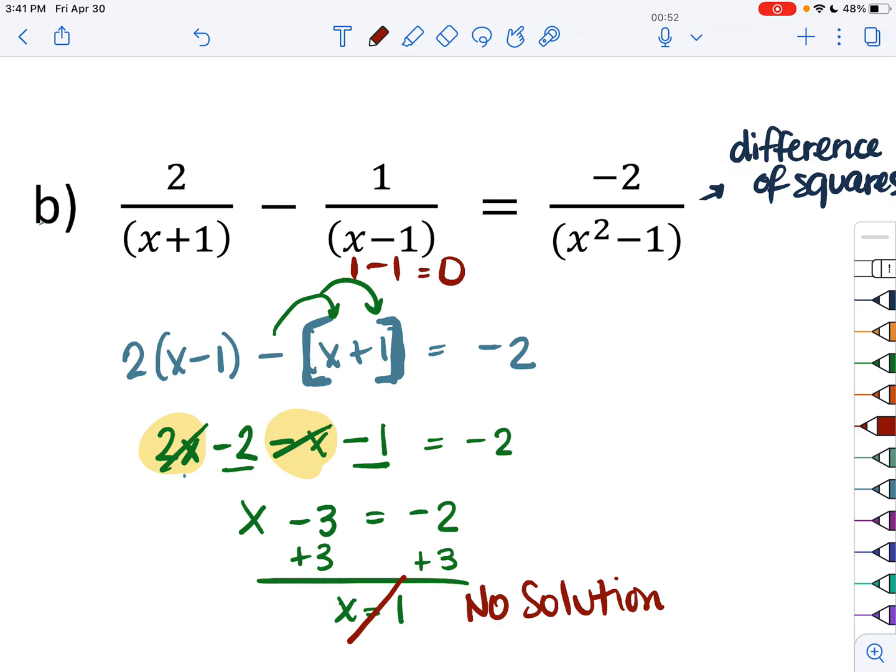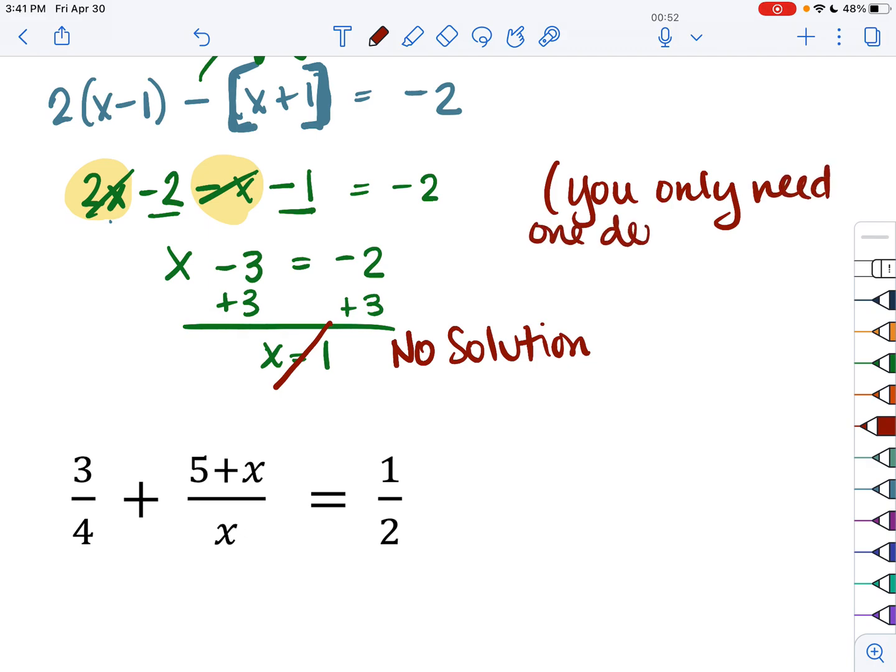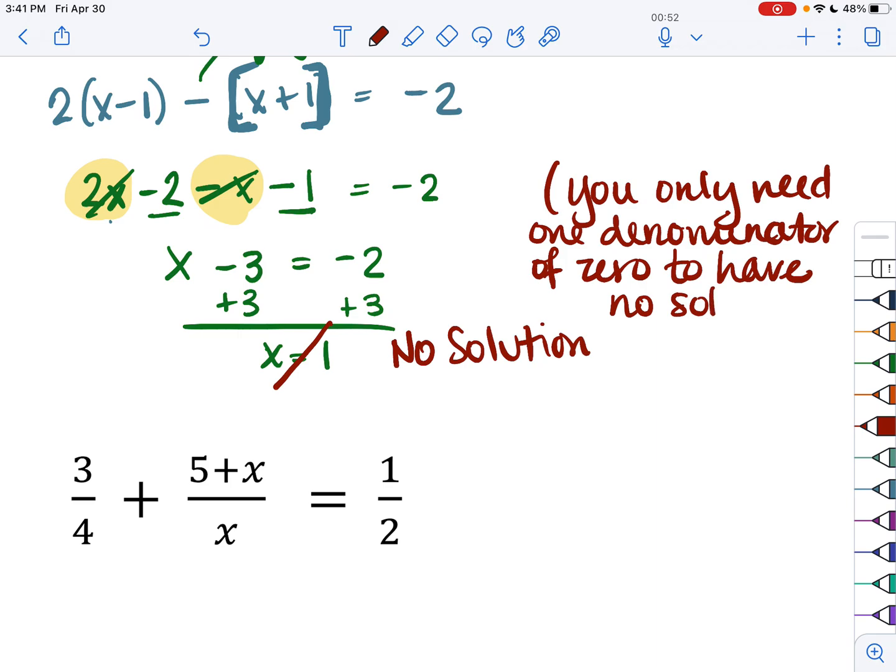But this right side would also be 0, right? Because it's 1 times 1 and then minus 1. So you only need one denominator of 0 to have no solution.